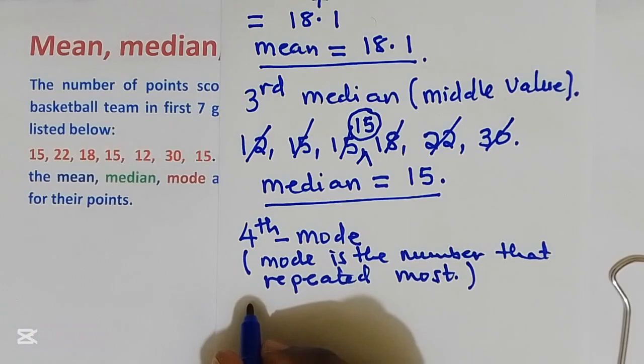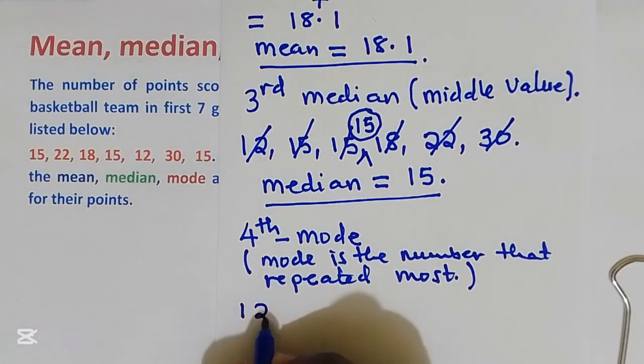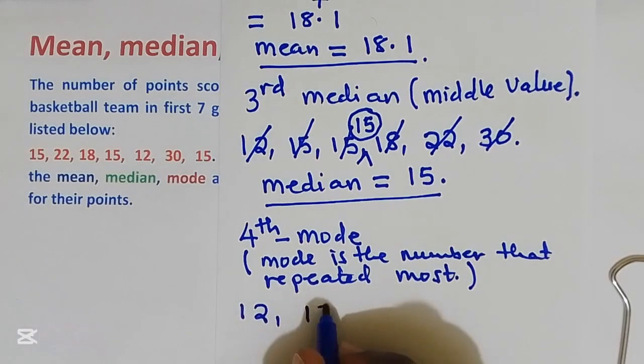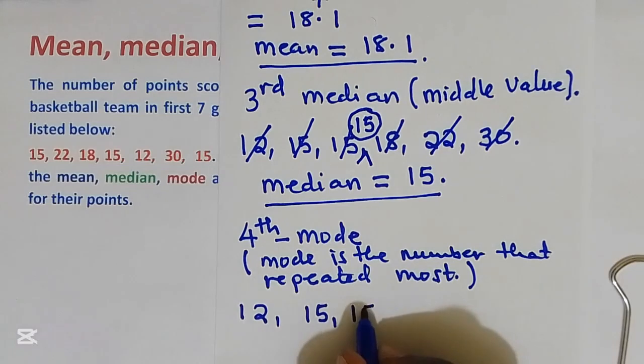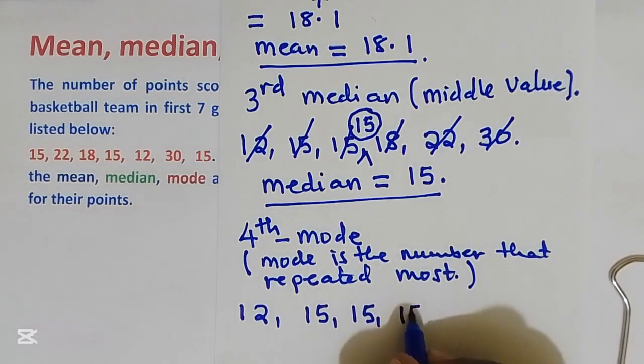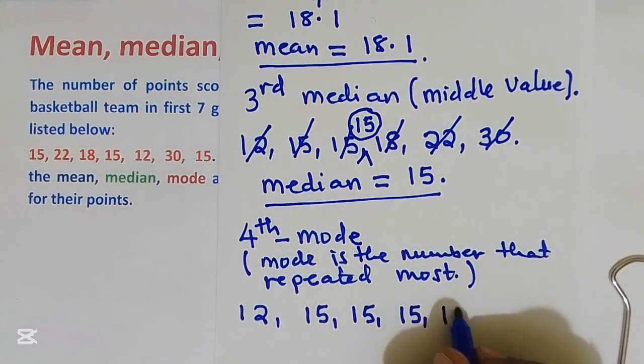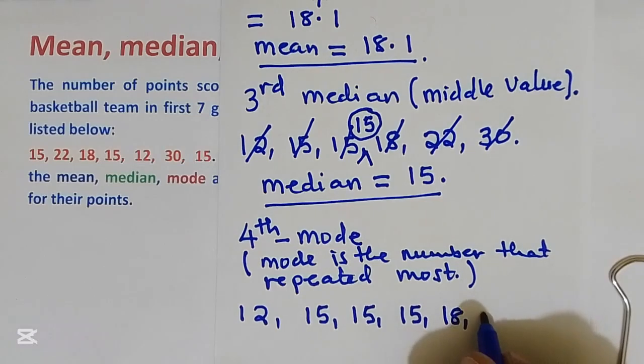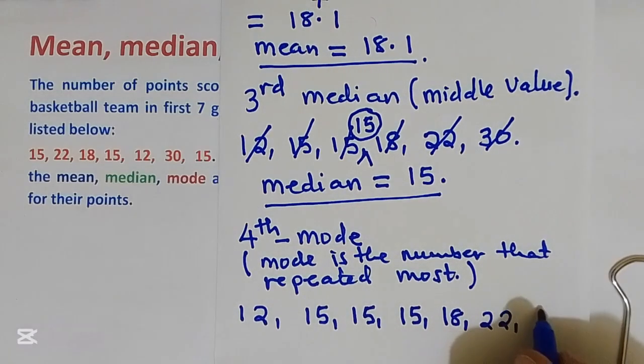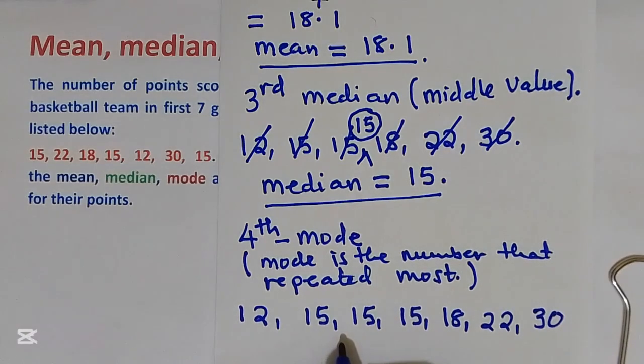Our data are 12, 15, 15, 15, 18, 22, and 30. The number that is repeated mostly is 15.